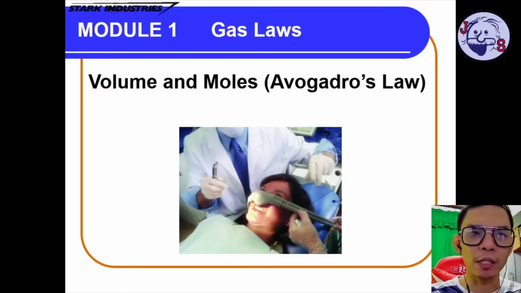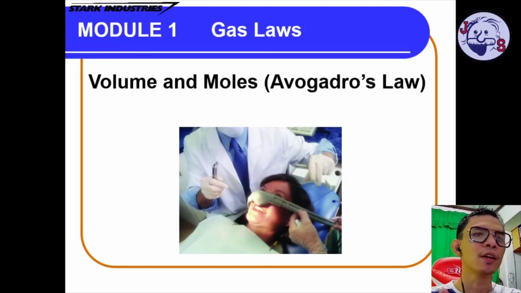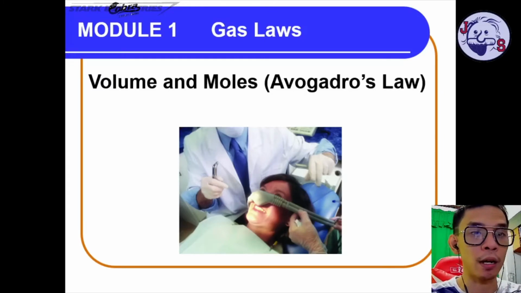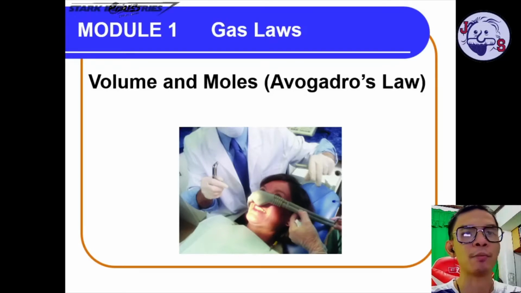So this is one way of administering anesthesia in the form of gas, through inhalation. This example is a real life application of Avogadro's law. Let's discover in this lesson what the concept behind Avogadro's law is.